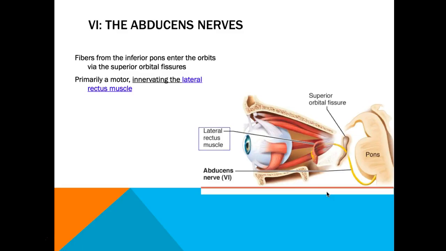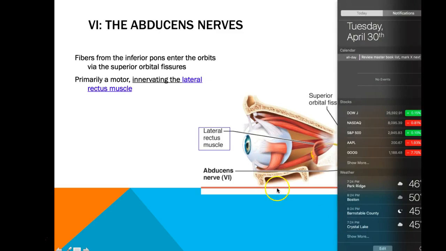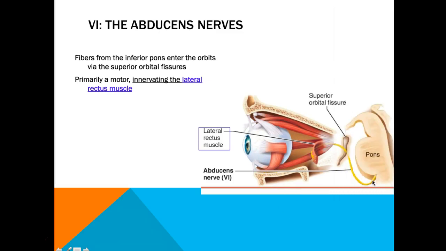Now let's move into cranial nerve number 6, your abducens nerve, which is the last one to leave the brainstem. At this point, it is inferior pons and exits out the superior orbital fissure. From there, we are going just to one muscle, and that is your lateral rectus muscle.